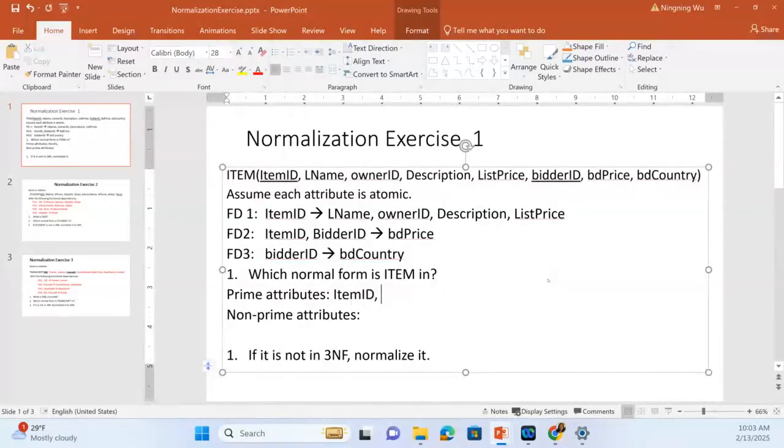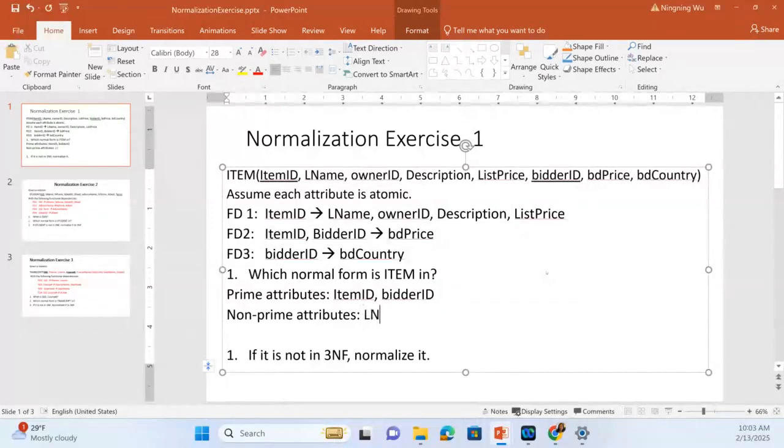So it should be the item ID and bidder ID, and that's it. That means we only have two prime attributes.